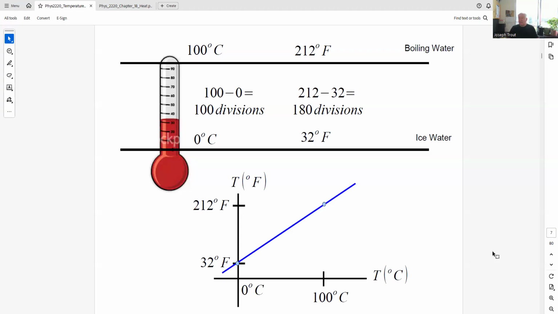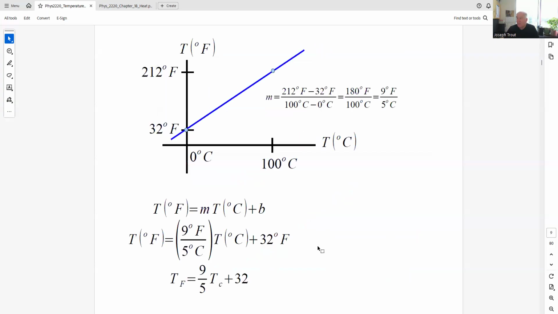If we plot temperature in Fahrenheit versus temperature in Celsius, and we assume a linear scale, then we can find a conversion between Fahrenheit and Celsius. So this is a straight line, so it follows y equals mx plus b. So we find the slope. The slope comes out to be 9/5, and the y-intercept is 32.